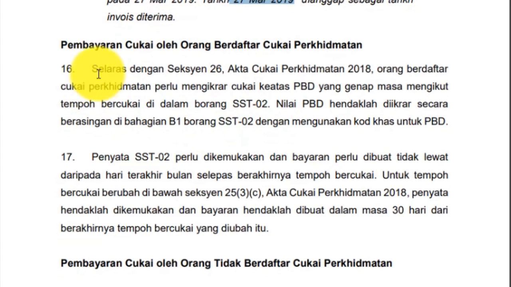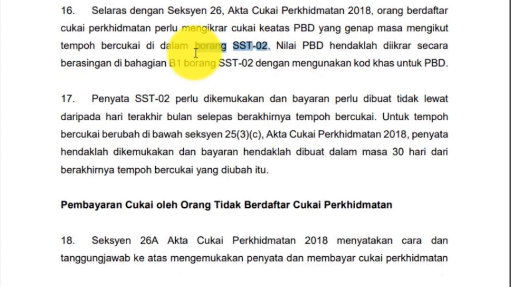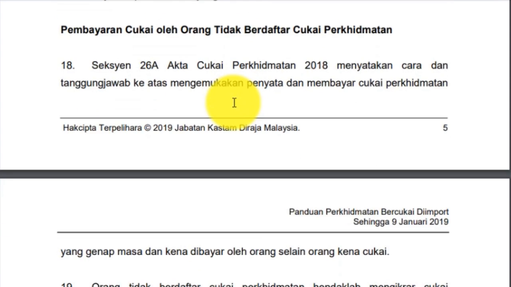Okay. So for people who register under service tax, we need to use SST-02 to submit in the B1 sections.